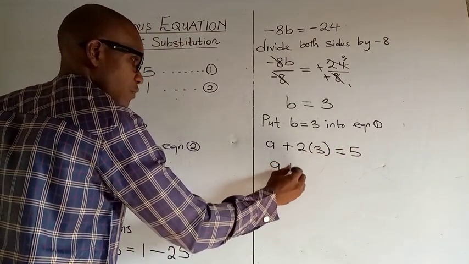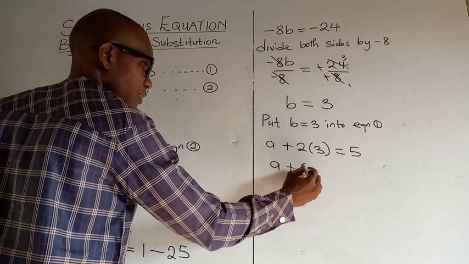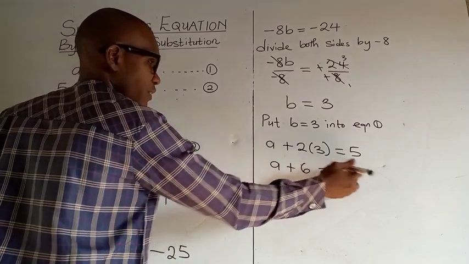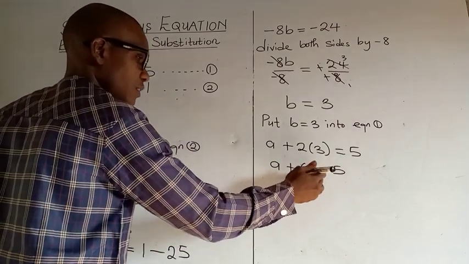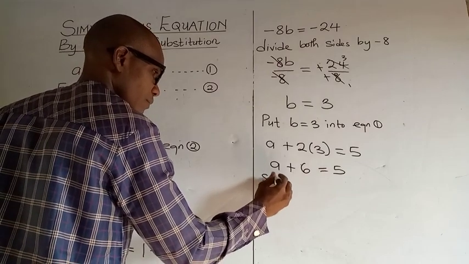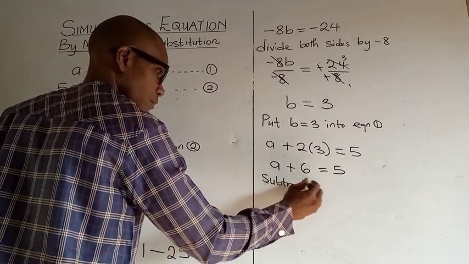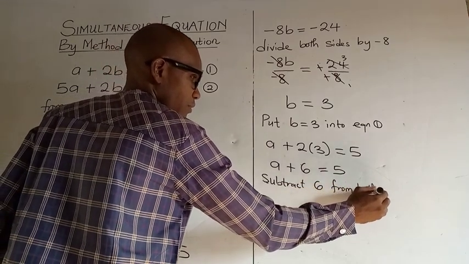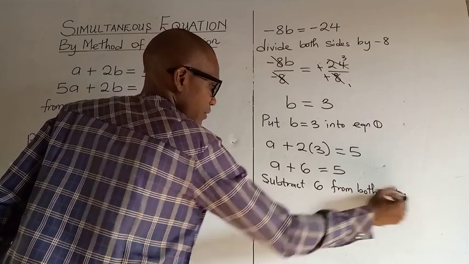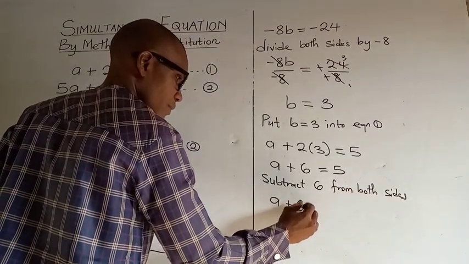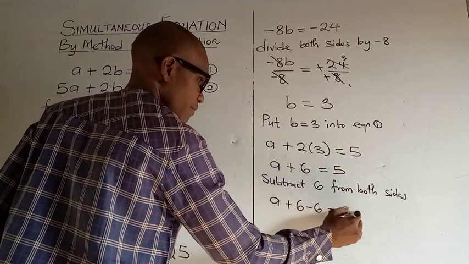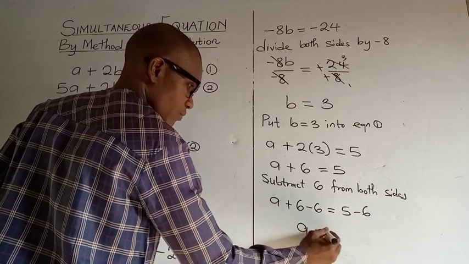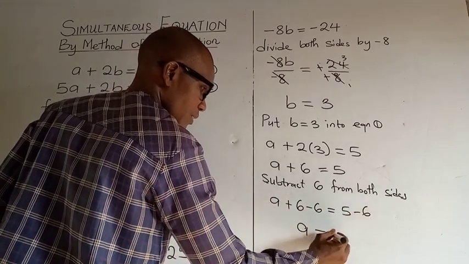If we open the bracket, we have 2 times 3, which is 6, equal to 5. So how do we push this 6 over to this place? We subtract 6 from both sides of the equation. So we have a plus 6 minus 6 equal to 5 minus 6. 6 minus 6 is 0. So we are left with a, which is equal to 5 minus 6, which is minus 1.